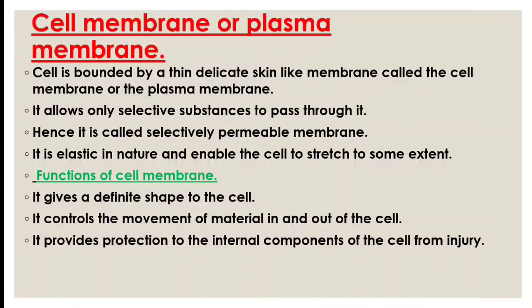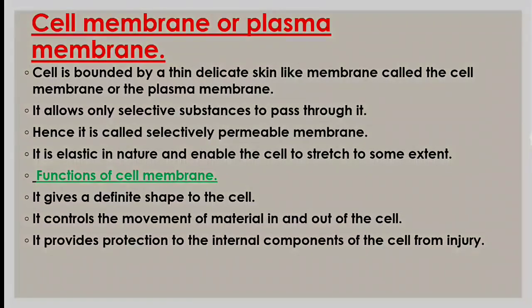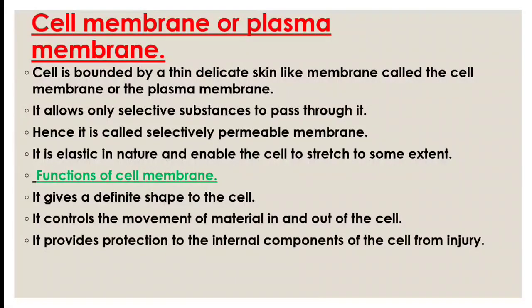Cell membrane or plasma membrane. Cell is bounded by a thin, delicate skin-like membrane called the cell membrane or the plasma membrane. We have already discussed the cell membrane or plasma membrane. It allows only selective substances to pass through it.